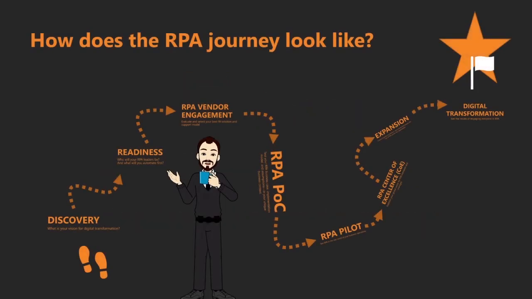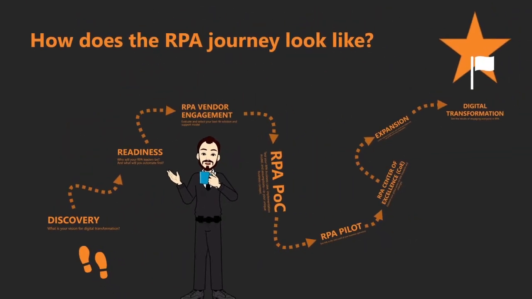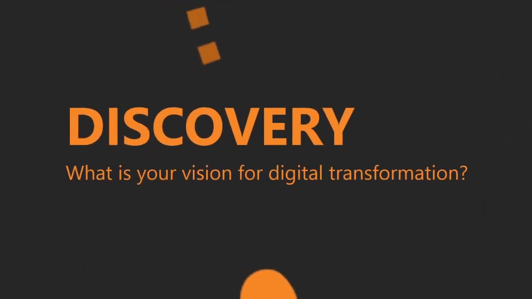So now let's have a look at what the RPA journey looks like. It's a roadmap, as we call it. The first step when we are thinking about RPA is to understand what our vision for digital transformation is. How am I foreseeing the digital transformation? If I plan right, I would get it right.